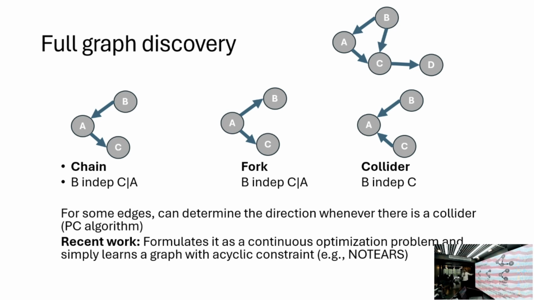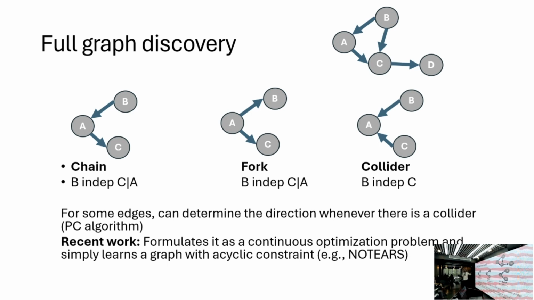A could be a chain, which means B causes A causes C, or A could be a fork, which means A causes both of them, or finally A could be a collider, which means both B and C cause A. What's very cool is that the first two have one kind of conditional independence, which is that B is independent of C given A, but the last one has a different independence: B is independent of C, and in fact, if you condition on A, then B and C become dependent. Again, this comes from the basics I taught earlier. This is just D-separation working.